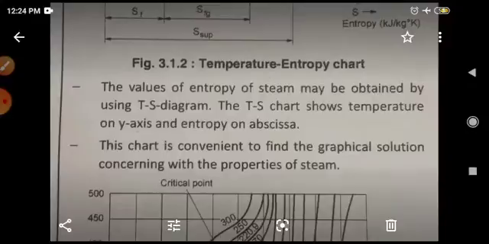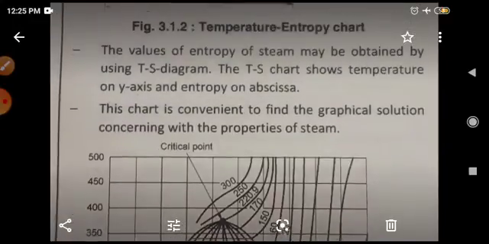Without knowing how to read these charts, you are not able to solve any of the problems from this unit. So be prepared, and for solving these problems you must know how to read these charts.